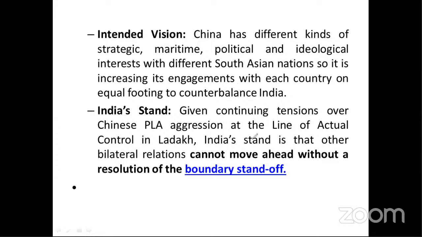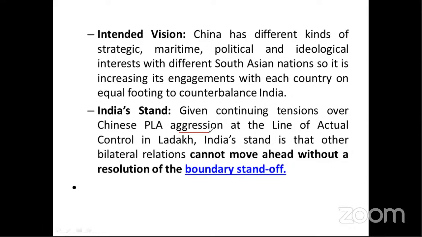So what does India say? Given the continuing tension over the Chinese People's Liberation Army aggression at the Line of Actual Control in Ladakh, India's stand is that other bilateral relations cannot move ahead without resolution of the boundary standoff. So India said it will not join this initiative until we first find a solution for all these boundary disputes. Your military always crosses the border and violates the international boundary line.